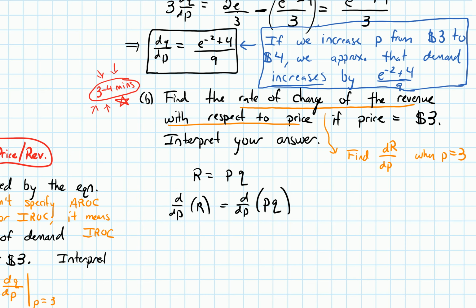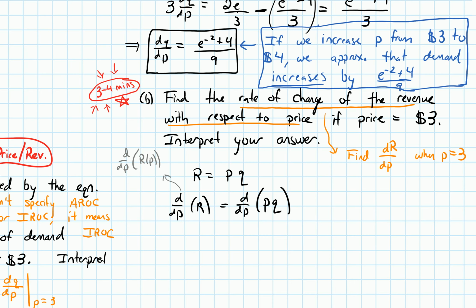Even though for d/dP of R, technically we're thinking of R as being a function of P, we're thinking of this as d/dP of R of P. And we do that anytime the variables are different. The P on the bottom is different from the R that I see within this function. Whenever I see that, I need to think about this variable, the R, as being a function of that variable that I'm taking the derivative with respect to, price.